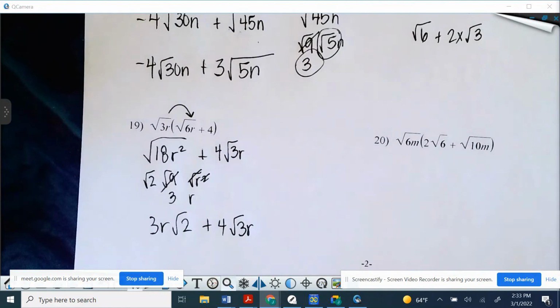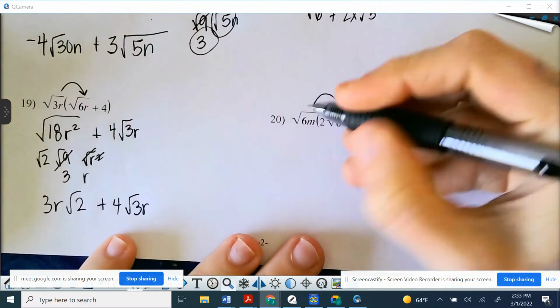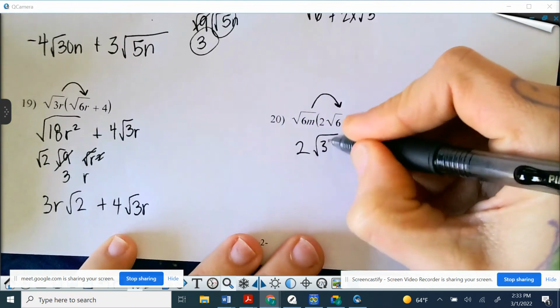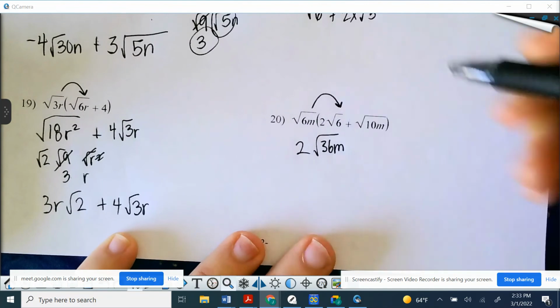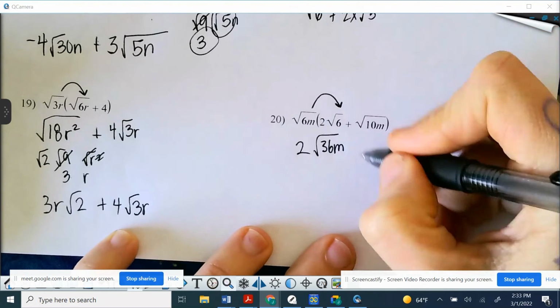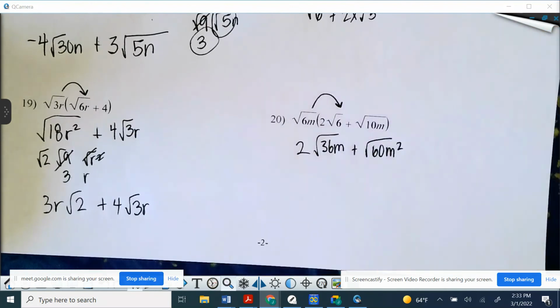Last but not least, 6m. So the 2 is just going to stick because it's not under the root bar. 6 times 6 is 36m. Hopefully you see that 6 and 6 and know that this is going to have to be reduced. 6m times 10m is going to be the square root of 60m squared. Again, you see the squared, so hopefully you know the m is going to pull out already.